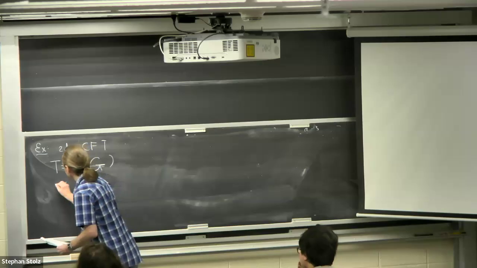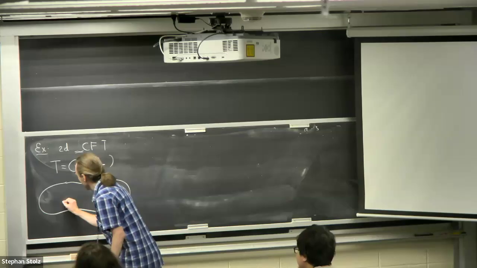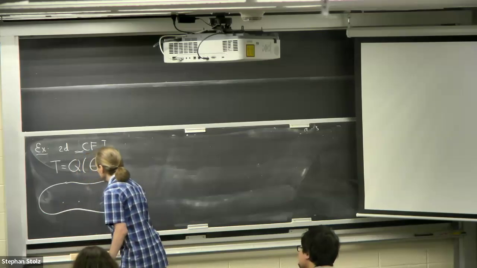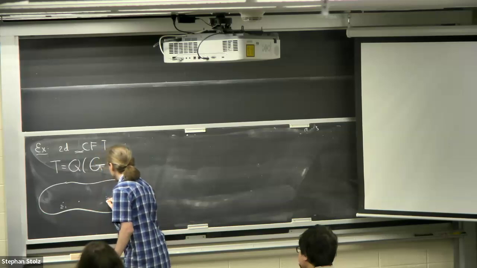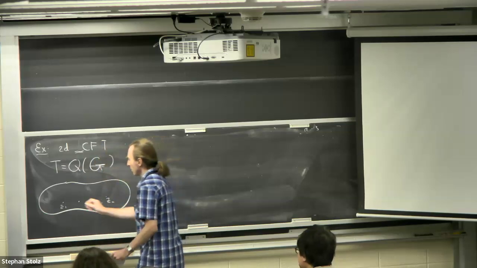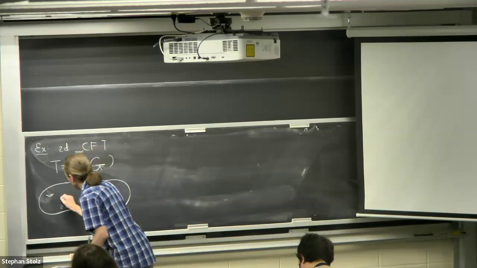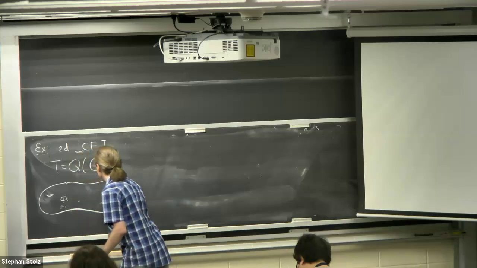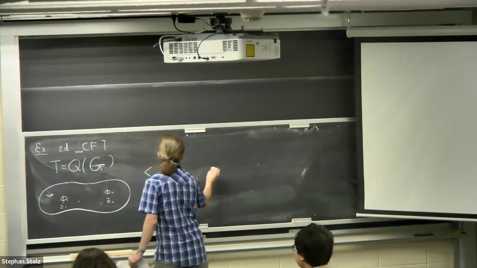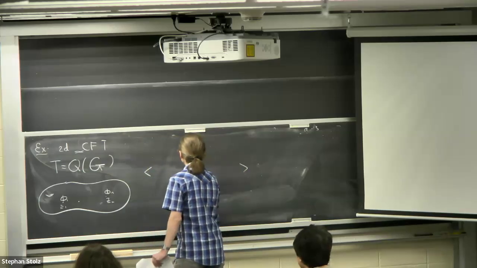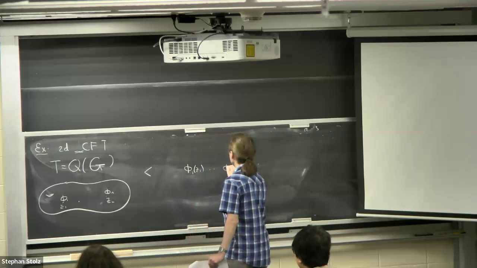Then one can consider correlators in this conformal field theory. You can take a surface, possibly with some genus, with a bunch of punctures at Z1, Z2, and so on, Zn. I can put local fields P1 through Pn there, and consider the correlator of these fields plugged into those punctures.